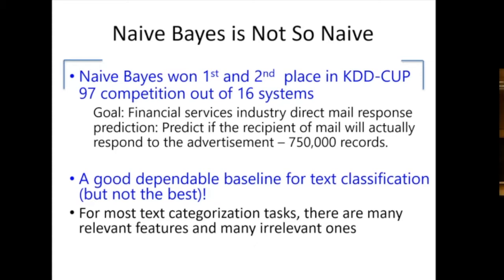So naive-Bayes is a very good, solid baseline for text classification, but not the best. For most text categorization, the main issue is a certain property of text-based classification. There are many relevant features, but also many irrelevant features.